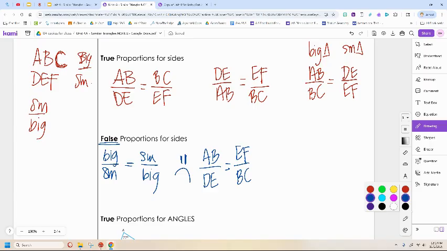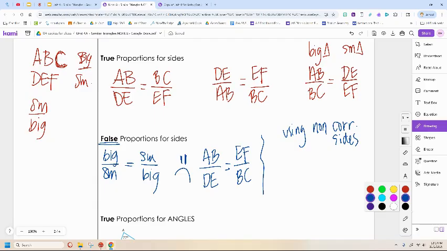The other mistake that can be made is using non-corresponding sides. They like to throw in that one actually when they do this kind here.